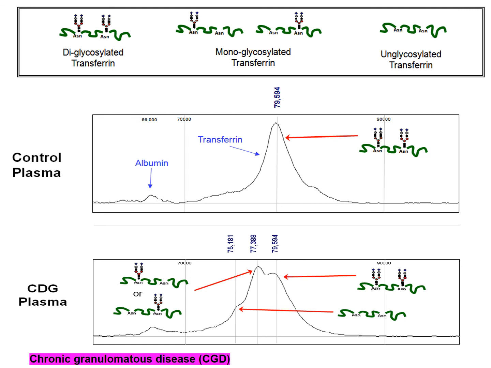So now we have a way, if an infant has something they suspect, they can run their plasma and find unglycosylated or monoglycosylated transferrin, and that would be a biomarker for this disease. They can then scan with one of these chips as many spots as they can put together.